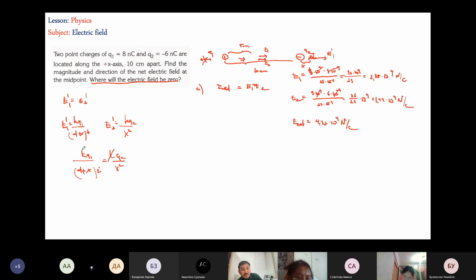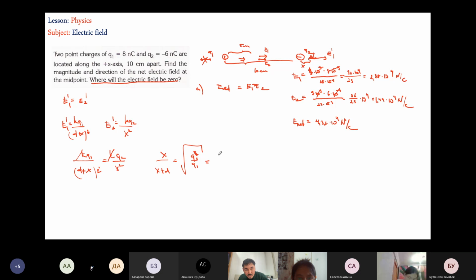Now, simplified, (X plus D) over X should be equal to the root of Q2 over Q1.